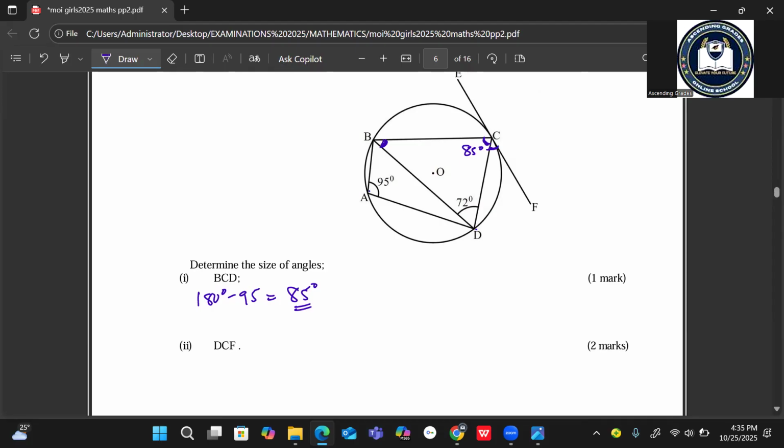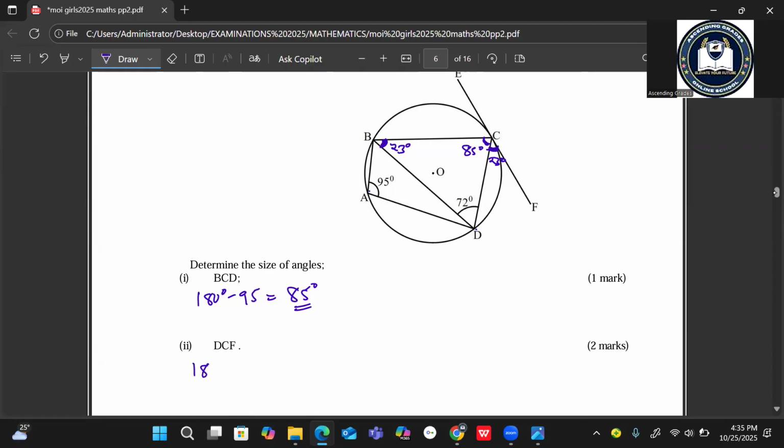So we are going to get 23 degrees. Once we have this as 23 degrees, you're automatically going to have this one here as 23 degrees.